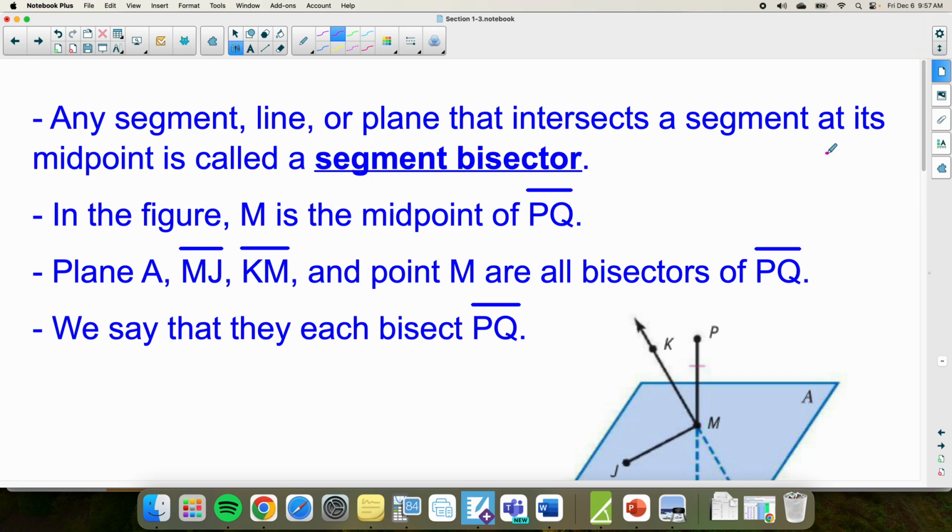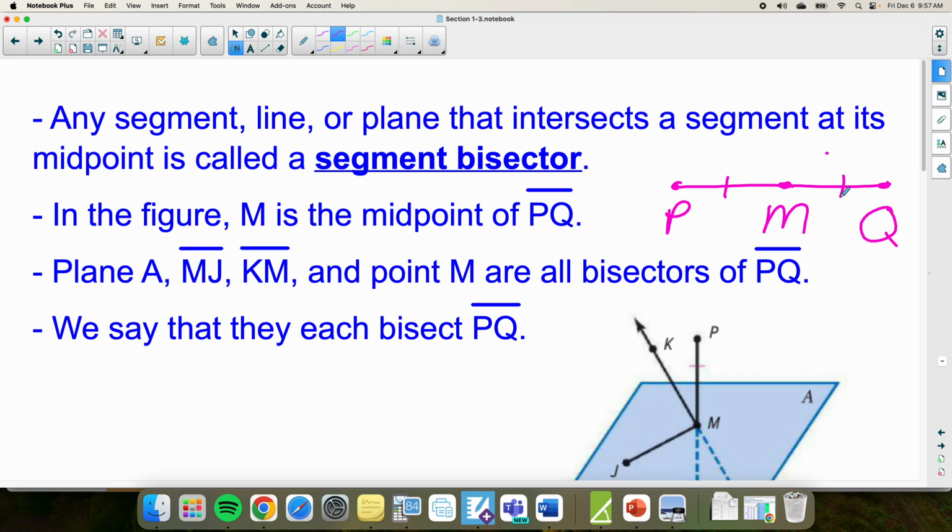So the first thing we're going to talk about today is, what is a segment bisector? Now this is super important. We talk about bisectors for the whole first try. When something bisects something, what I want you to think of is it cuts it in half. It cuts it in 2 equal parts. So if I had a segment PQ, and M was my midpoint, again, what that would mean is these 2 pieces are equal.